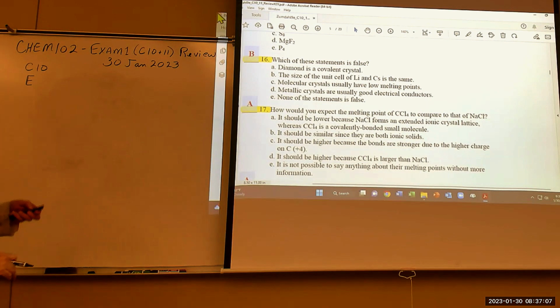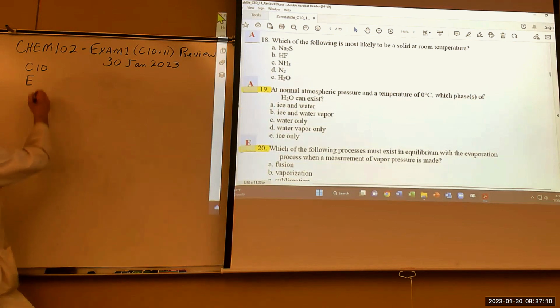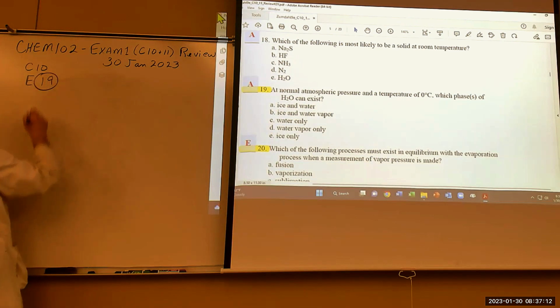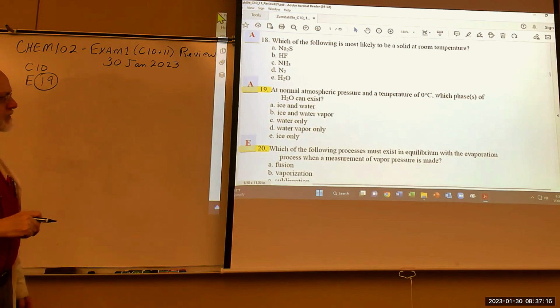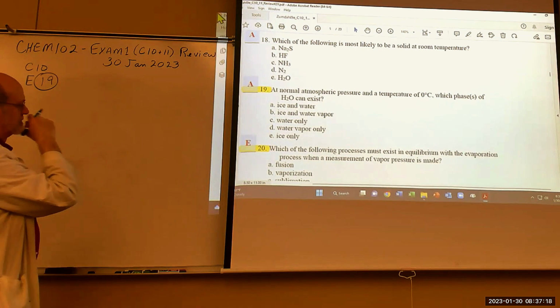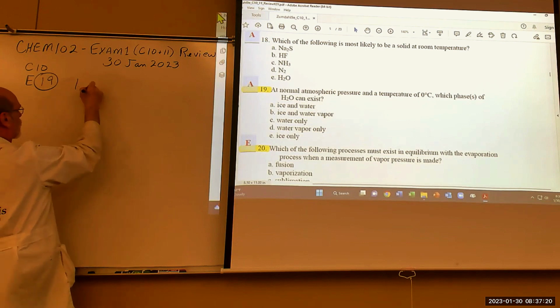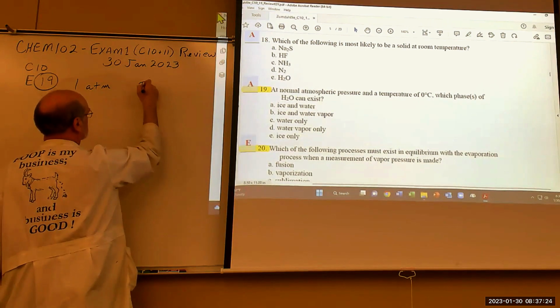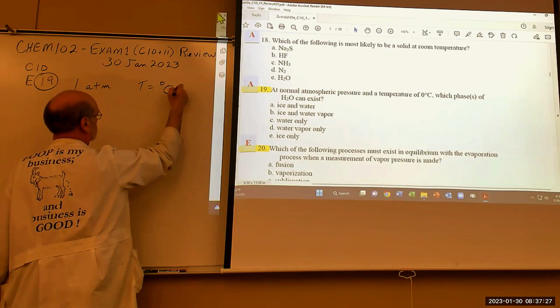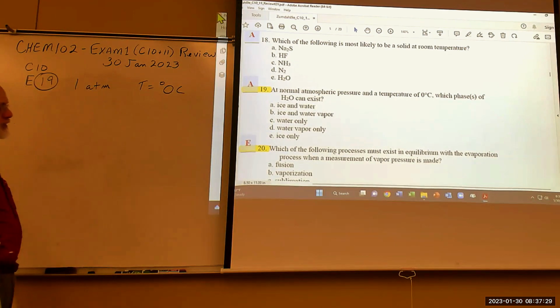Where we draw that one? 19. At normal atmospheric pressure and temperature of 0 degrees. So normal atmospheric pressure is 1 atmosphere. And we're going to say temperature is 0 degrees. Which phase of water can exist?